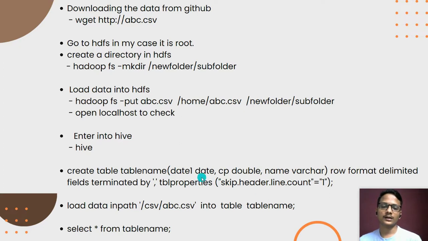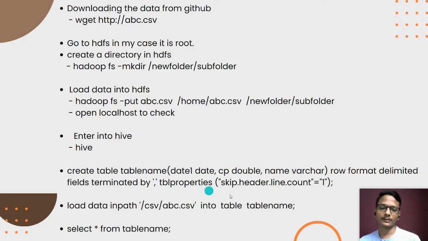The data set that I have worked with is unstructured, raw data. So for that, I have used these properties like terminated by comma. Whenever there is a comma, we differentiate the data.